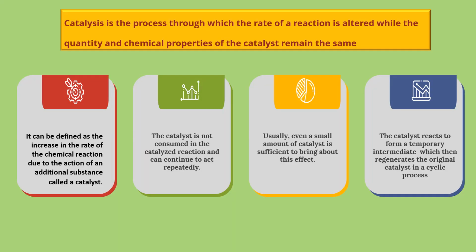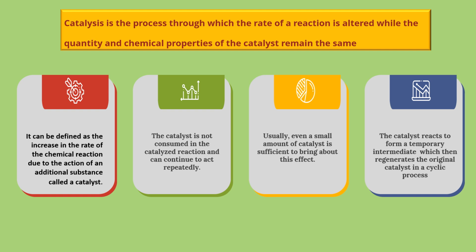So, catalysis is the process through which the rate of a reaction is altered while the quantity and chemical properties of the catalyst remain the same. It can be defined as the increase in the rate of the chemical reaction due to the presence and action of an additional substance that is called a catalyst.